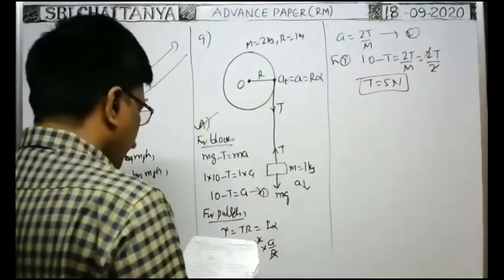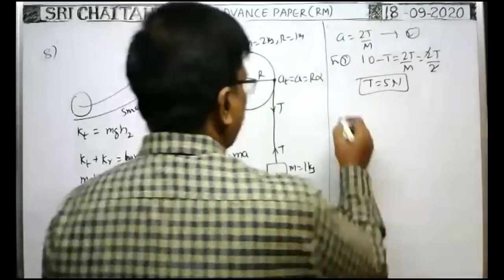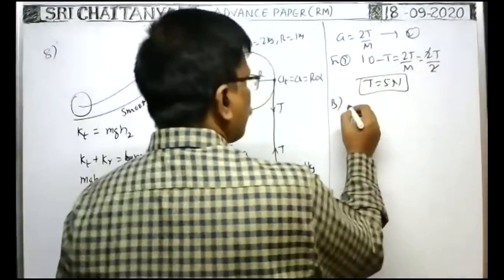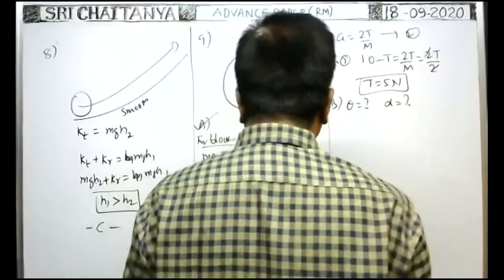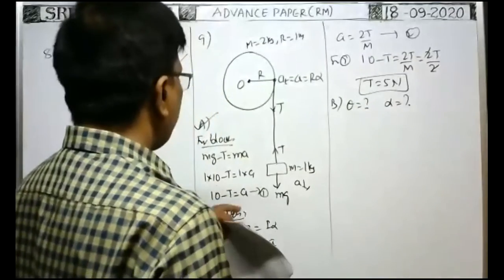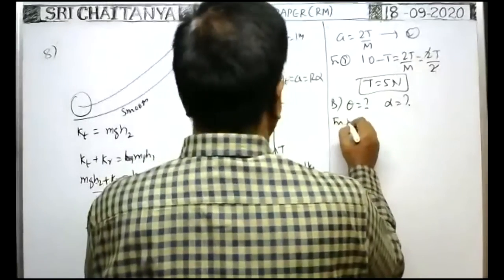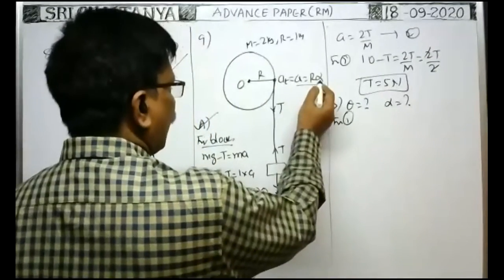Next, in the first 4 seconds, the angular displacement of the disk is 40 radian. So in B, they asked for angular displacement. To find angular displacement, we need alpha. To find alpha, a is equal to R alpha, so we need a.